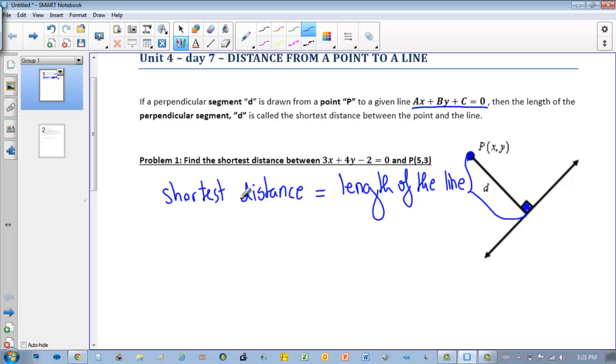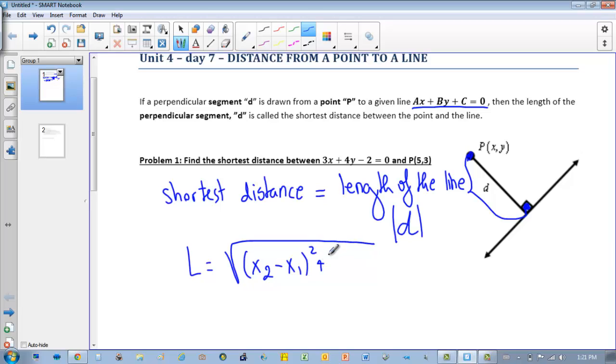Now, since we're looking for the shortest distance between a point P and a given line, it means we need the length of the line D, the line segment D, right here. Now, for this line segment D, we only know one point. And in the length of the line formula, we know that we have to have a minimum of 2 points, because we have x2 minus x1 squared plus y2 minus y1 squared.